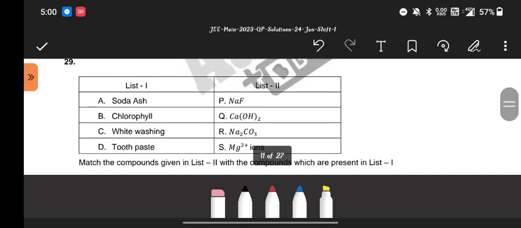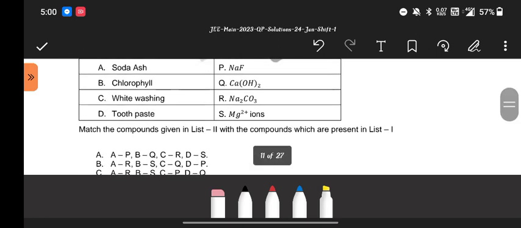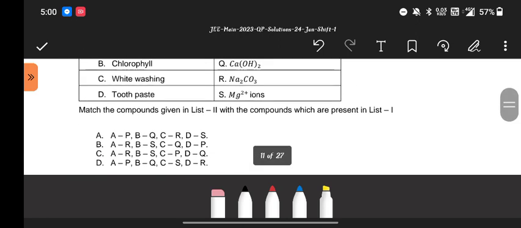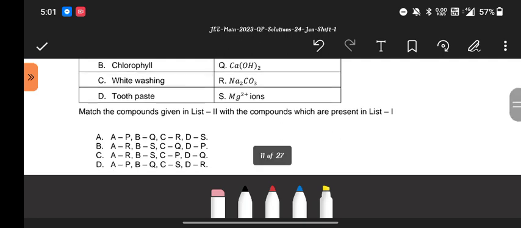We have to match the components in list 2 with those in list 1. Option A: A to P, B to Q, C to R, D to S. Option B: A to R, B to S, C to Q, D to P. Option C: A to R, B to S, C to P, D to Q. Option D: A to P, B to Q, C to S, D to R.